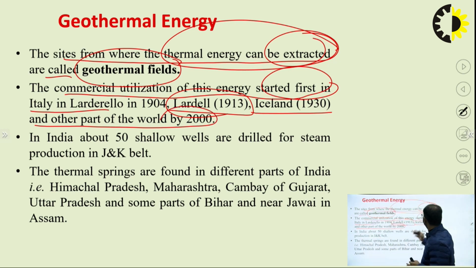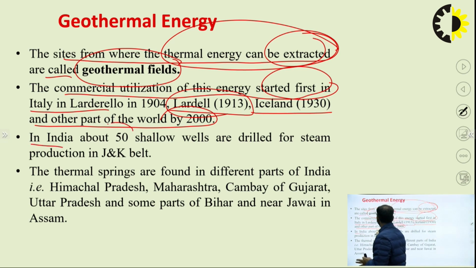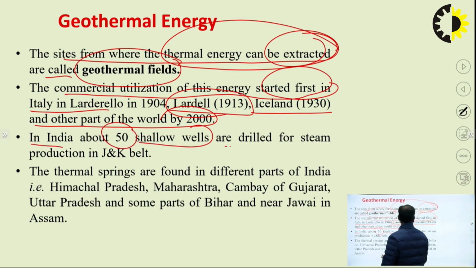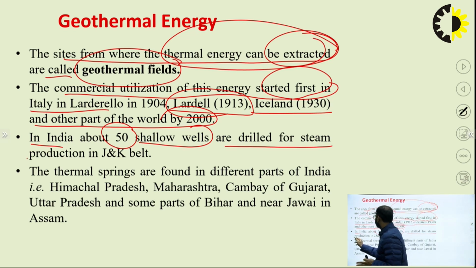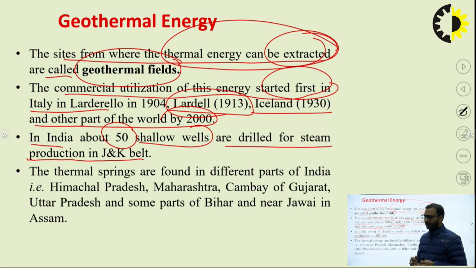Yani ki it first started in 1904. In India, about 50 shallow wells are drilled for steam production in the Jammu and Kashmir belt. So in India we can say that there are 50 shallow wells present, which we can use for production of electricity.